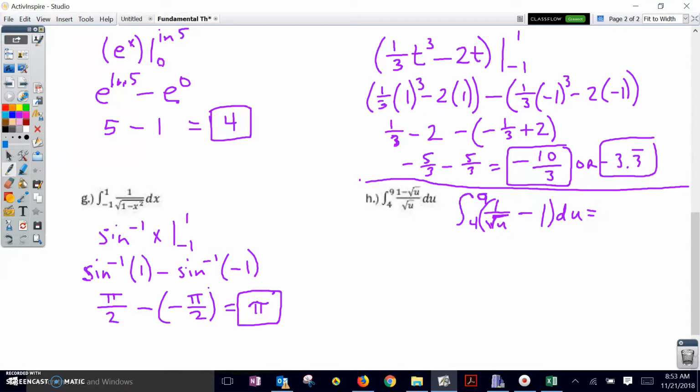And so really I'm taking the integral from 4 to 9 of u to the -1/2 minus 1. Alright, the antiderivative of u to the -1/2 is 2u to the 1/2, or 2 times the square root of u.